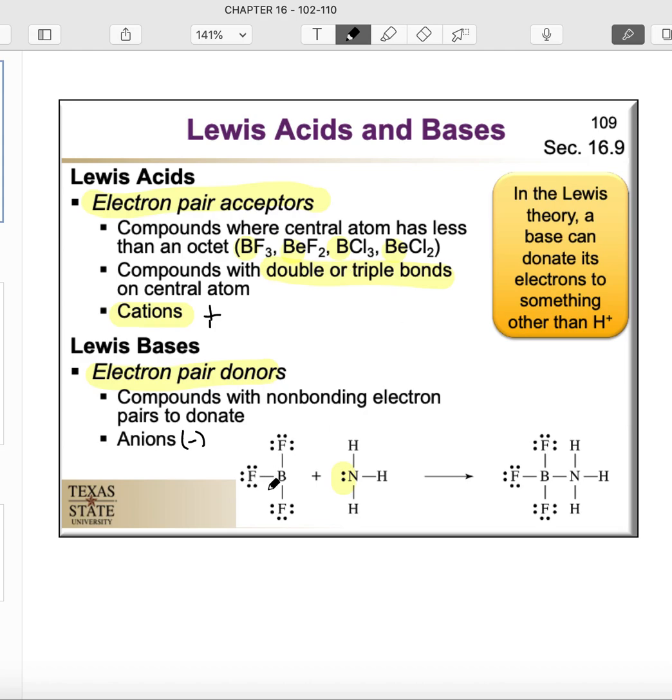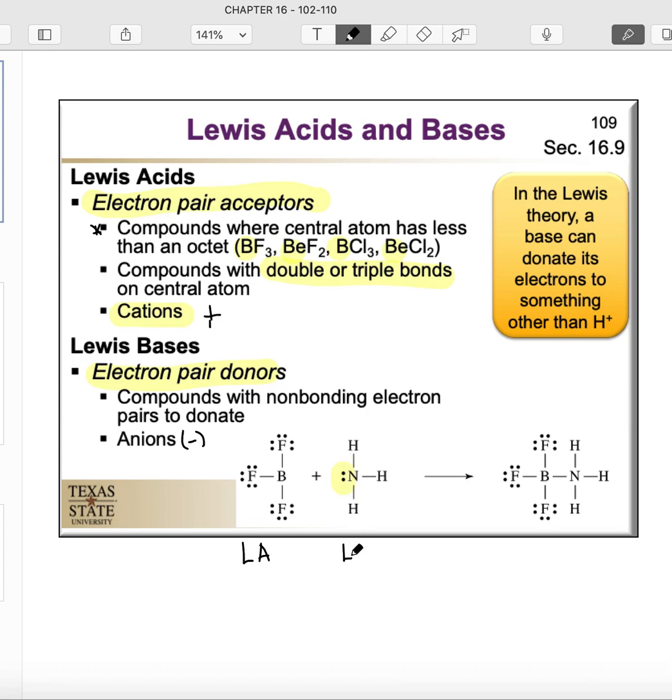So in the example that we have down here, notice that we have this boron compound that only has 6 electrons on that central atom. So that makes it one of these cases, a compound where the central atom has less than an octet. So this guy is going to act as our Lewis acid. And then here we have ammonia, which has that lone pair of electrons.